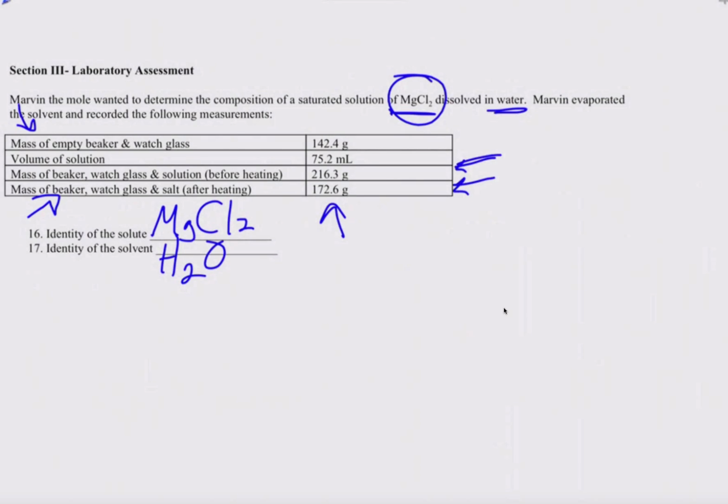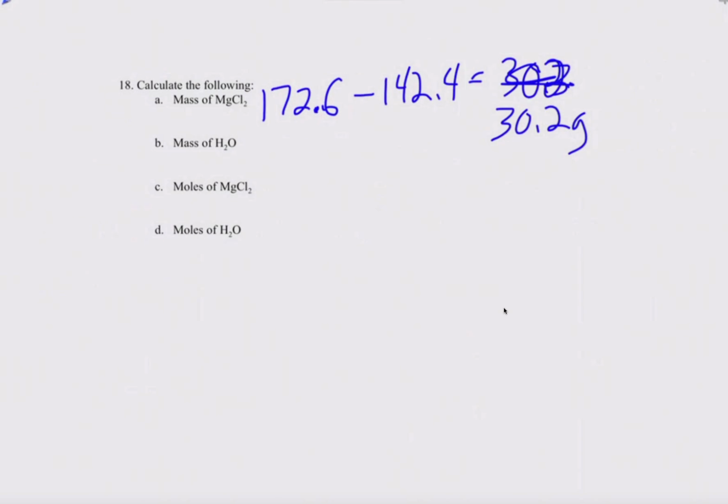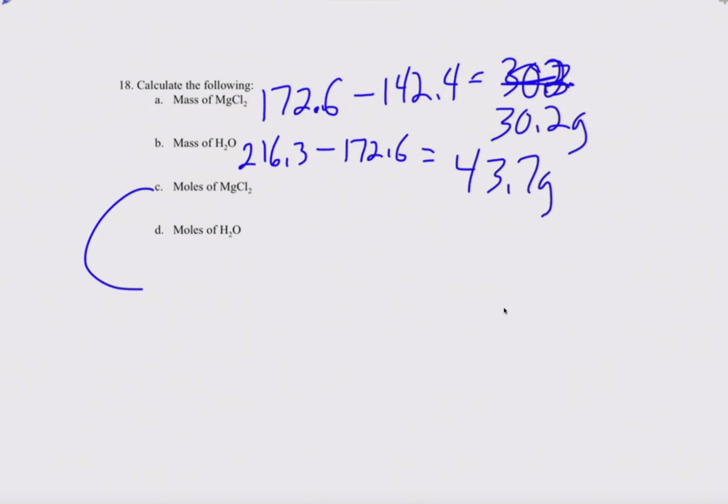So we take the total of the whole solution in the beaker and subtract the beaker and the dried salt, and that would be 216.3 minus 172.6, and that gives us a mass of water of 43.7 grams. Now we need to do mole calculations.